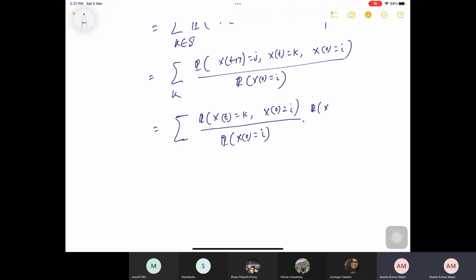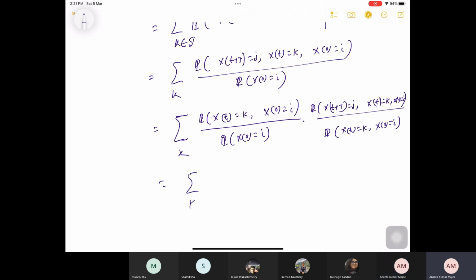So now we have probability of X(t+T) = j, X(t) = k, X(0) = i, divided by probability of X(t) = k, X(0) = i, summed over k.